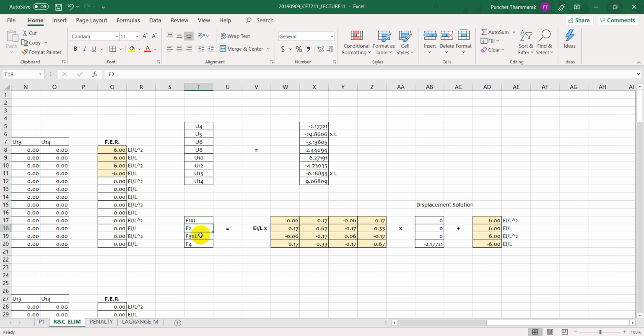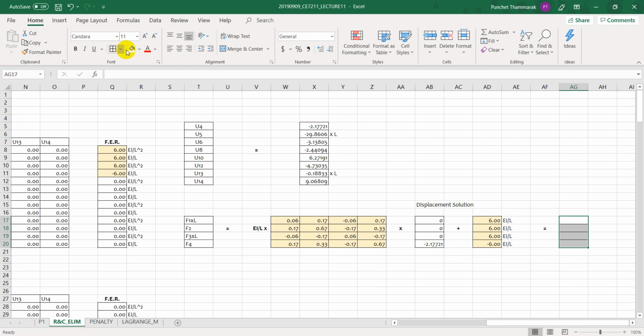This is moment, this is force multiplied by L, and this is moment. So that's why we can pull out the EI over L out there. And that's why this is just EI over L, because you scale by the L, right? Is that all? Yes.